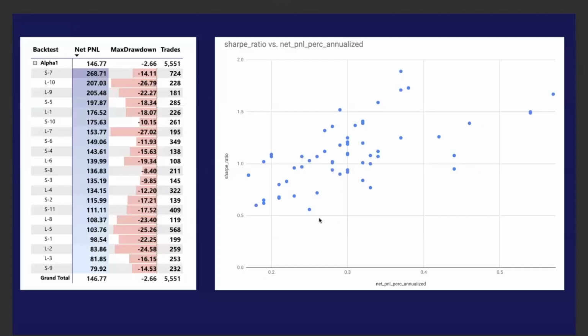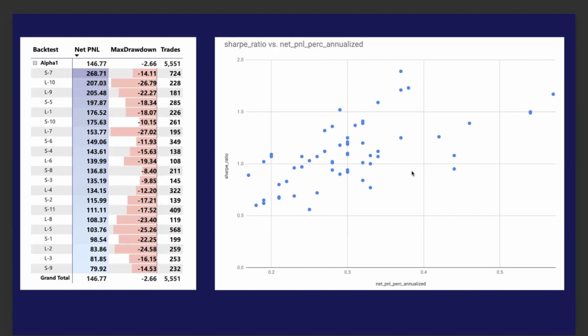This is just a distribution chart where I can show you the correlation between Sharpe ratio and net PNL, and definitely the cluster on the right and upper side is better to pick. So we typically discard strategies that have a Sharpe ratio of 1 or less.